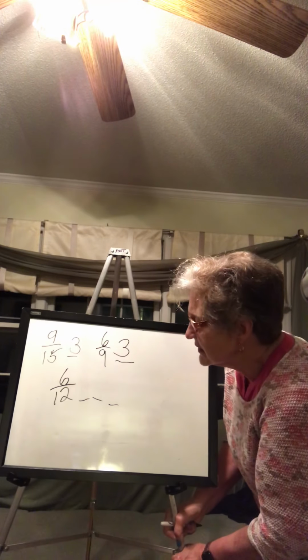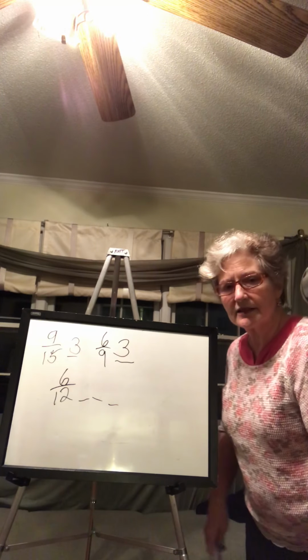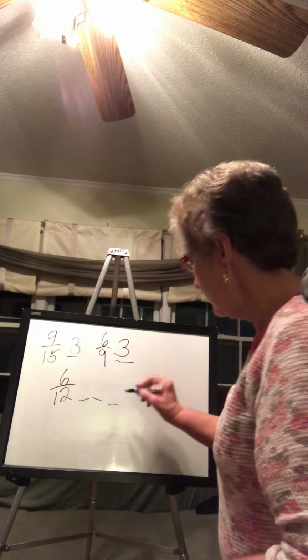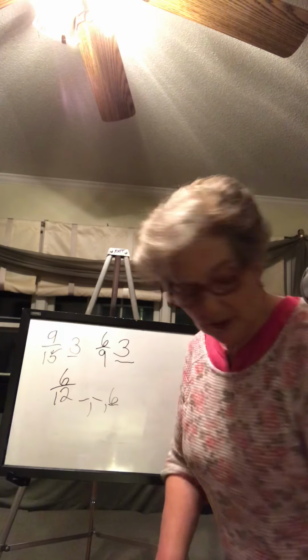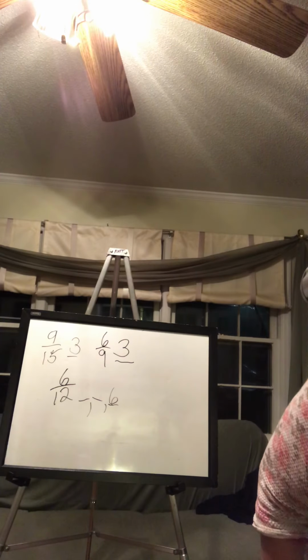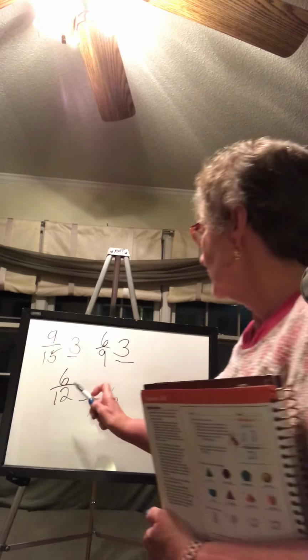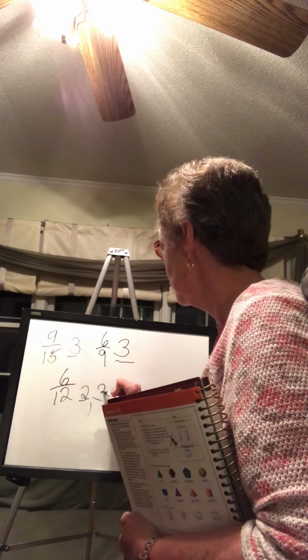All right, so you can divide 12 and 6 by 6, but that's the biggest number. So let's put our 6 over here. What else can you divide that by? Well, to get 6, it's 2 times 3.